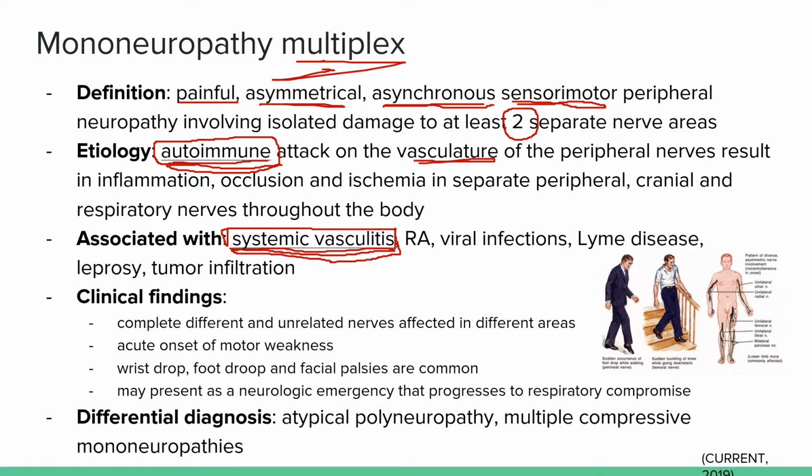It usually presents with acute onset of motor weakness, like wrist drop, foot drop, and facial palsies are the main complaints at onset, and it may present as a neurologic emergency that progresses to respiratory compromise because of the involvement of the respiratory muscles. Differential diagnosis is atypical polyneuropathy and multiple compressive mononeuropathies.